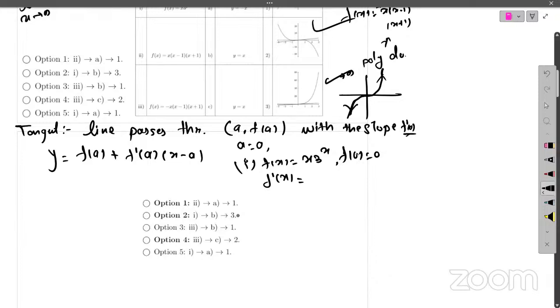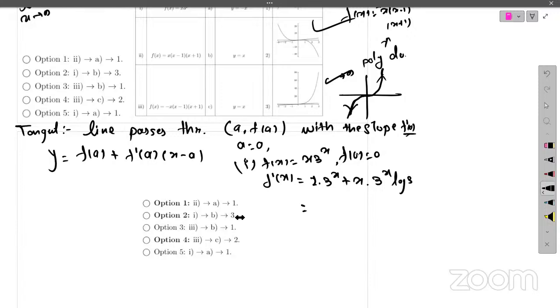Here we have to use the product rule. If I take the derivative of the first function, x, it becomes 1 into 3 to the power x, plus x as it is times the derivative of 3 to the power x. The derivative of a to the power x is a to the power x times log a, with log base e.